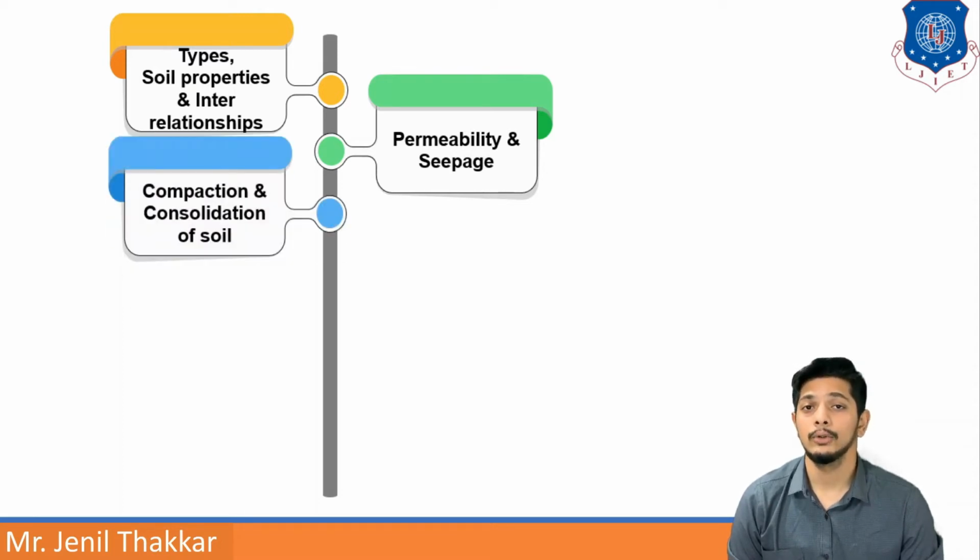In the third module, we are going to discuss compaction and consolidation of soil. Compaction means that as the soil gets compacted, it becomes smaller than it was earlier. We will explore these in the third module.